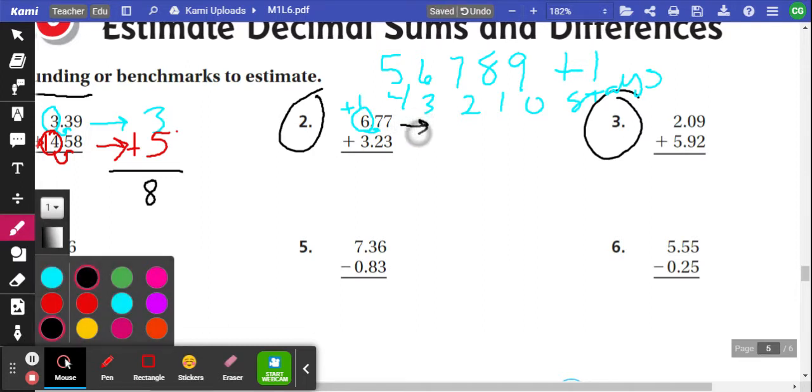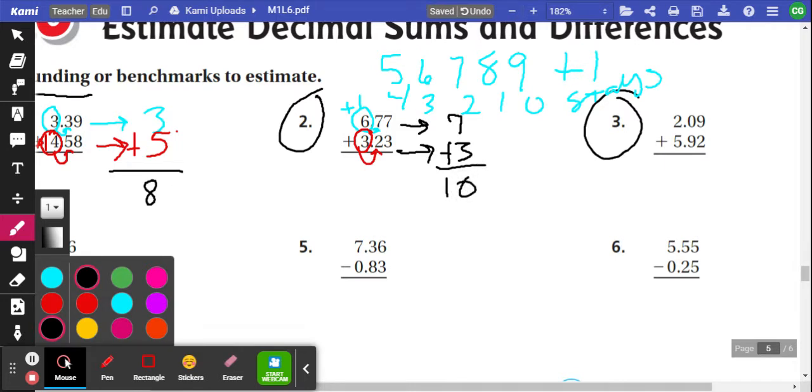So draw an arrow out here, and that is 7. Then I'm coming over to my 3 and 2 hundredths. Going to the right side, I see that the rule maker is 2, so my number is going to stay the same. So it stays 3. Now I get to add those together, and it is equal to 10.